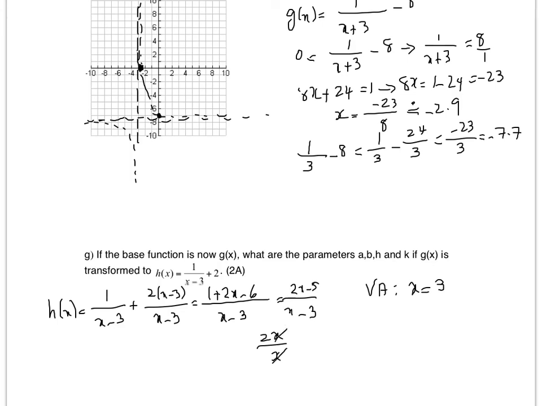If we simplify it, we get 2. So we say that the horizontal asymptote is y is equal to 2. Now if I plot these two asymptotes, the vertical asymptote is going to be x equal to 3, and the horizontal is y equal to 2. You can see that the origin has moved to this point.